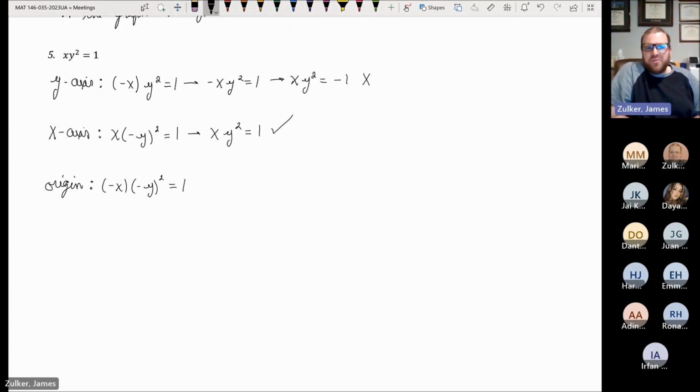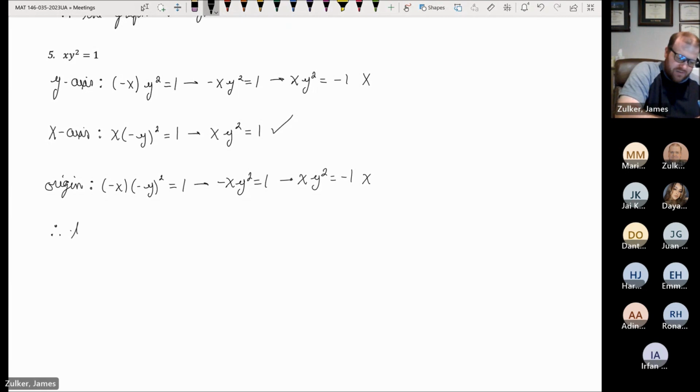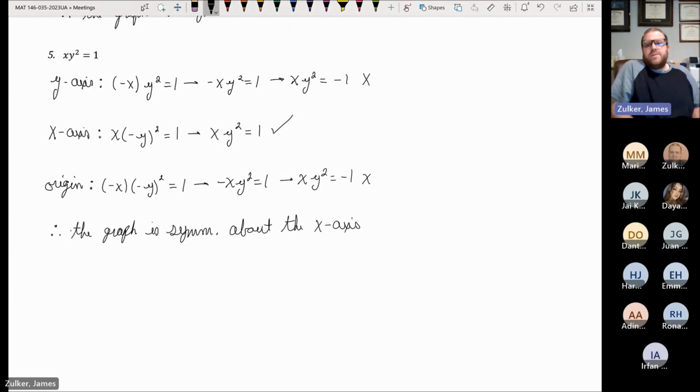Now we replace both variables, right? We'll again get xy squared is equal to negative 1, so we do not have symmetry about the origin. This is only symmetric about the x-axis.